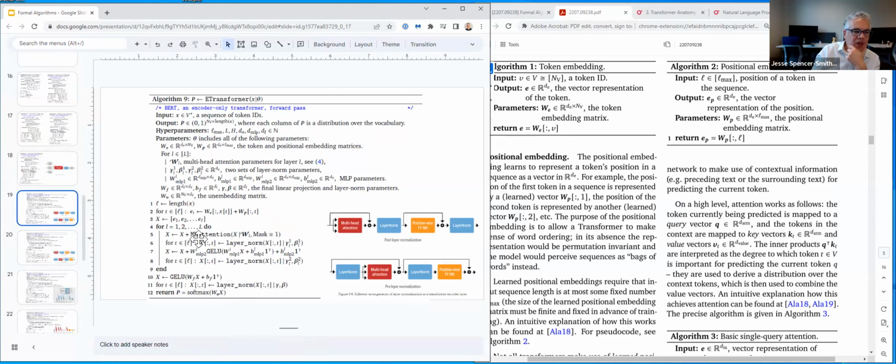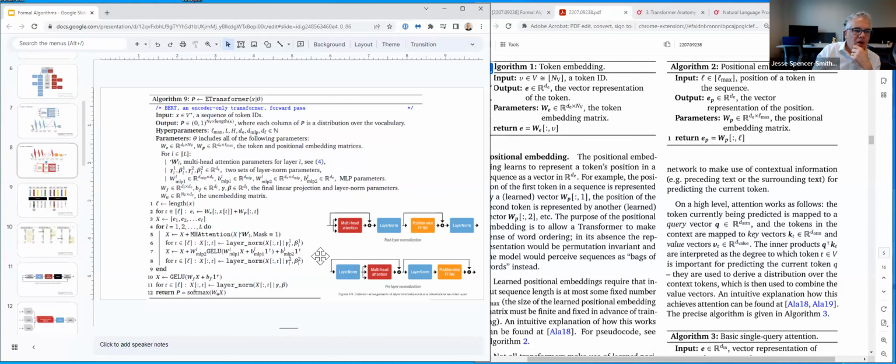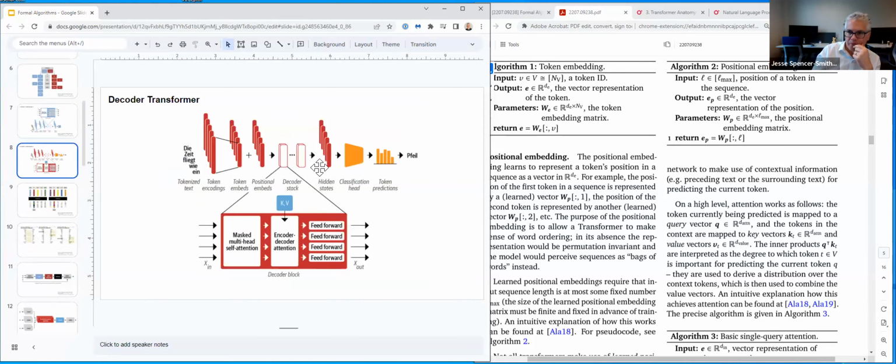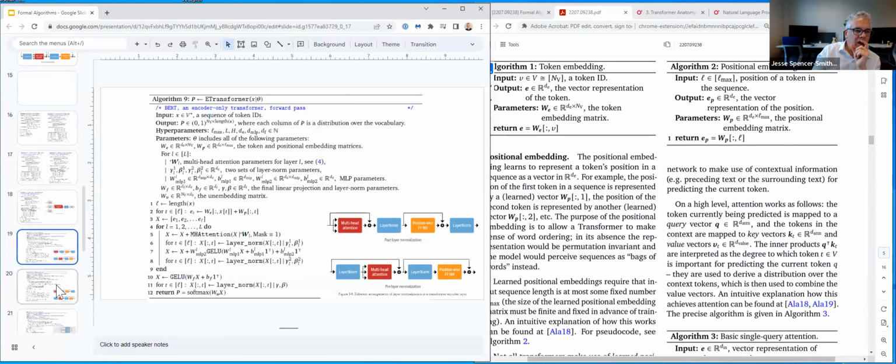So when we get to this point right here, we've done all of our layers. So at the end of that loop, we're right here. Let's see what's coming out of this loop for the decoder.